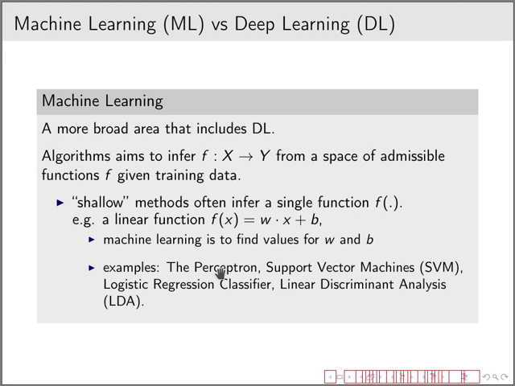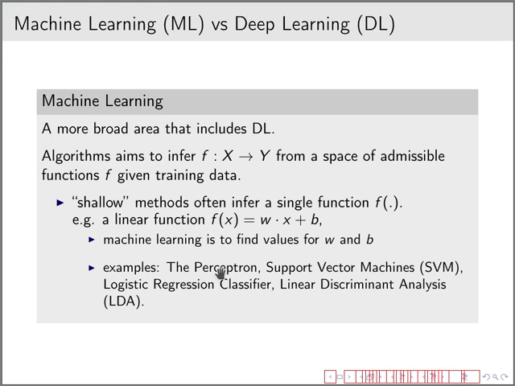So when we say that a method is a shallow method, often what we are saying is that it infers a single function f that does this task of being a map from x to y. For example, a linear function.